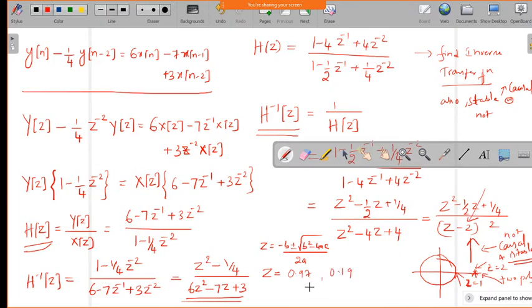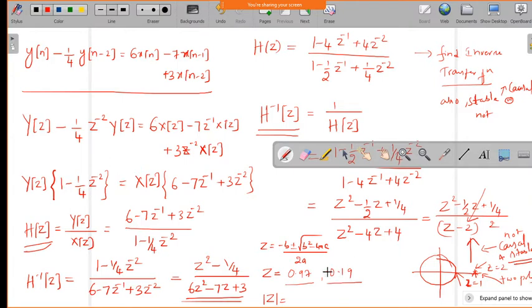Both are positive. We have to check if there are complex roots. If z is complex, then you have to find only the magnitude of the roots, because we have to plot the magnitude. Then we have to find whether the pole is inside the unity circle or outside the unity circle.